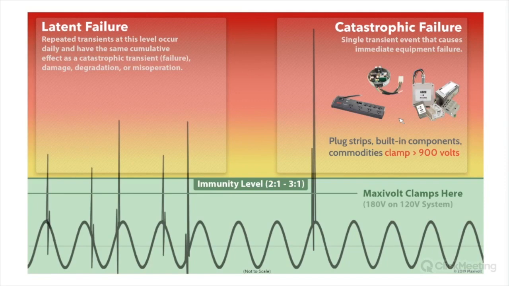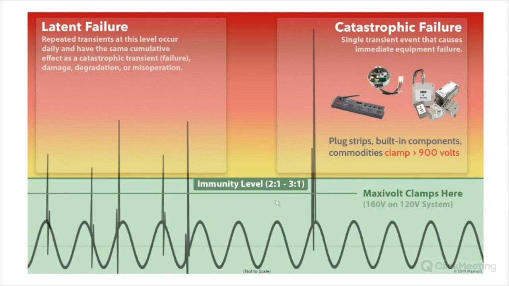So you'll notice that there's a new line on this diagram, and it's slightly below the immunity level, and this is where a MaxiVolt clamps at 180 volts on a 120 volt system.